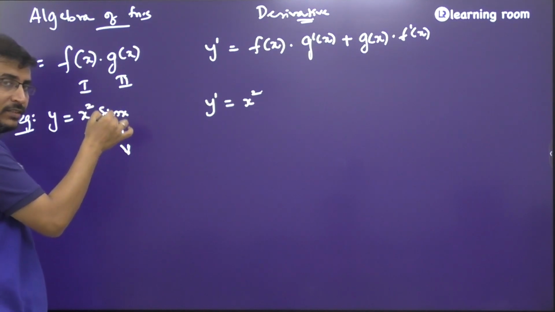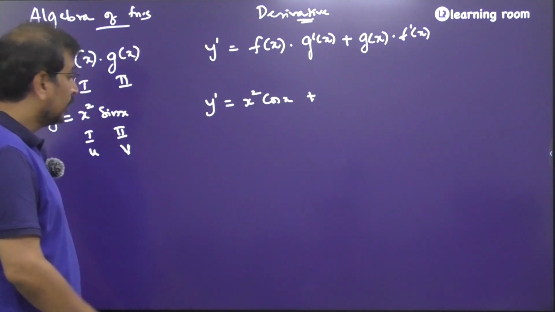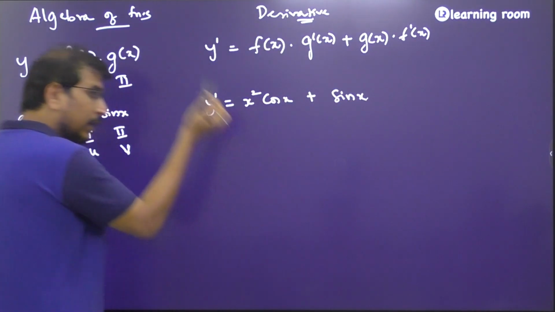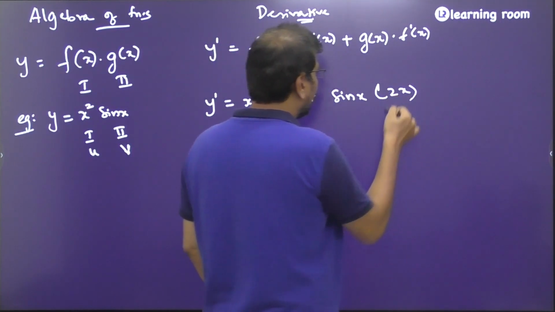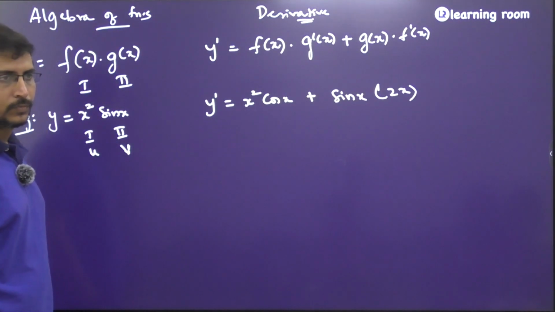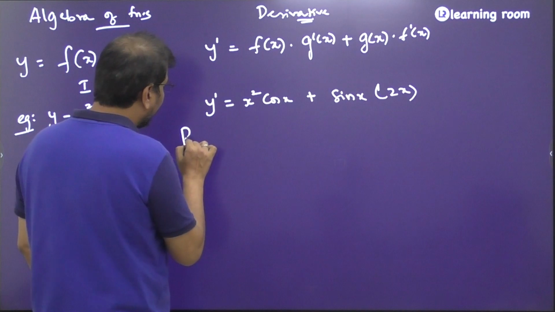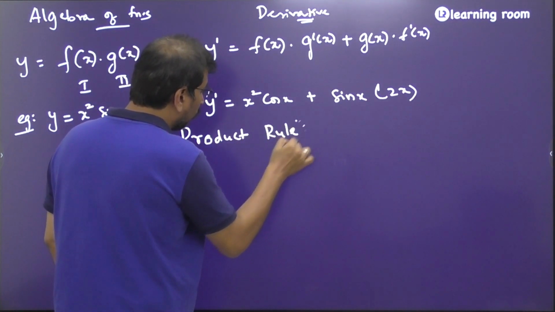What is the derivative of sin x? Cos x, plus second function into derivative of first function. Done. This is the answer.